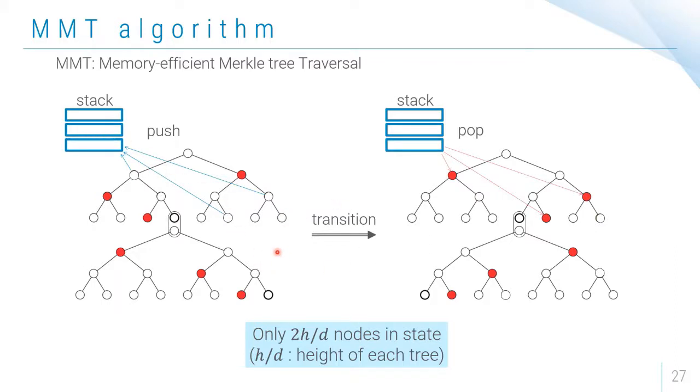When this transition occurs on the bottom layer, the nodes are popped from the stack to be substituted to the next authentication path. Very simple, but the state size is kind of minimal. At most, two authentication paths are stored in the state.